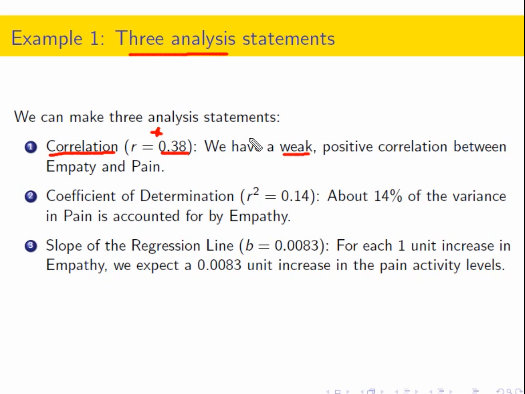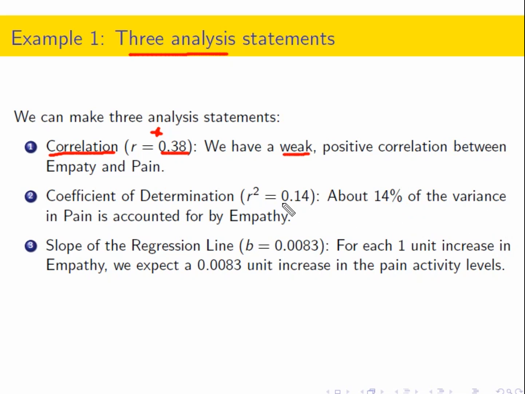Now the coefficient of determination is actually going to be used a lot because when we go to multiple regression, when we're using more than one predictor, we're going to see this capital R squared statistic a lot, and it's going to have the same interpretation. So what's the interpretation here?